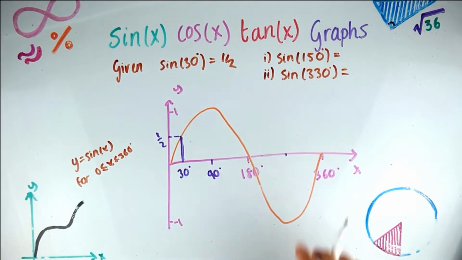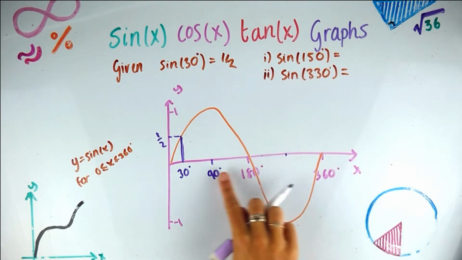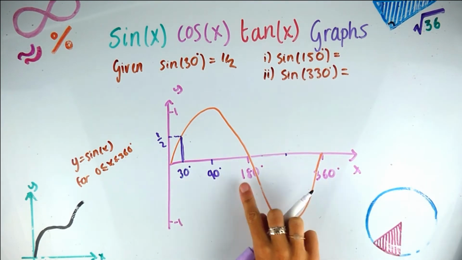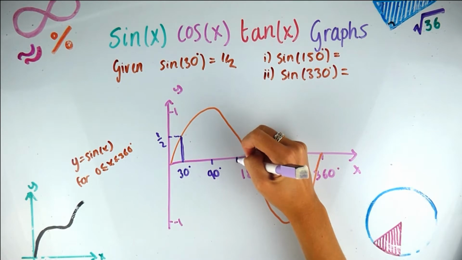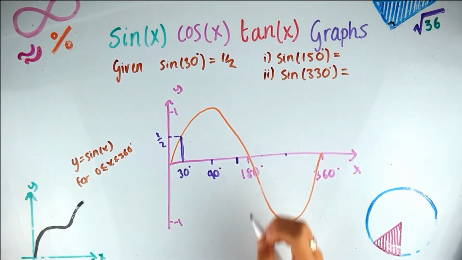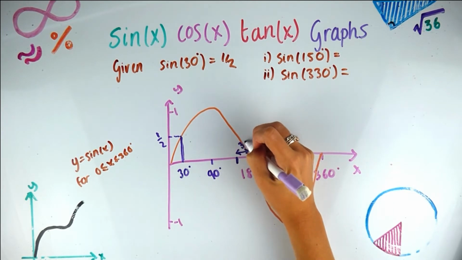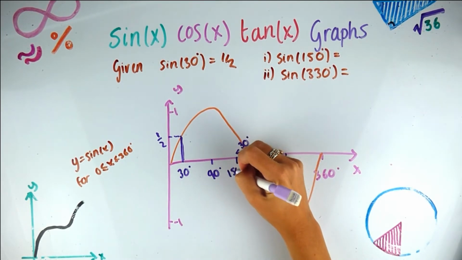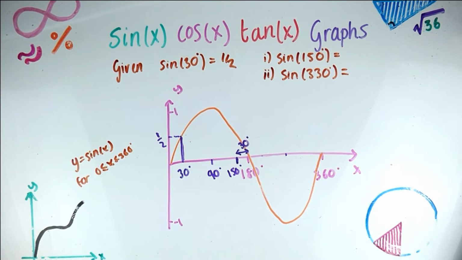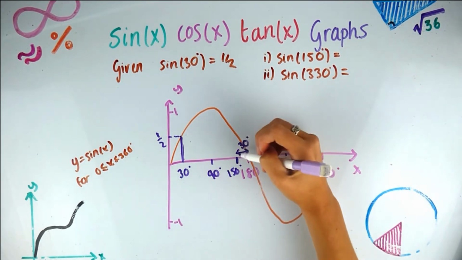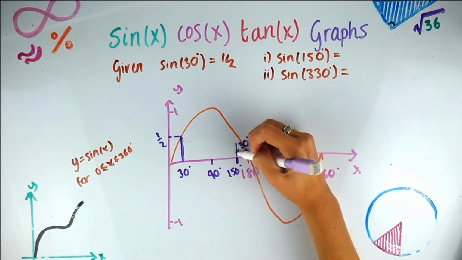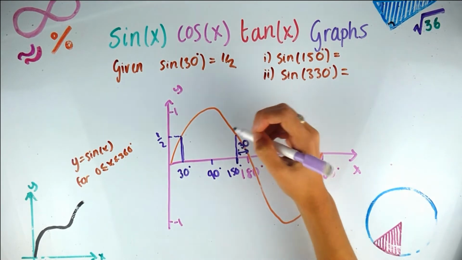Okay, so we're going to look for 150 along our x-axis. 180 is there, so it's going to be somewhere about here. And 150, the gap to 180 is 30 degrees, so this is about 150. If we go up on our graph, what is the y value? What is our graph saying at 150?